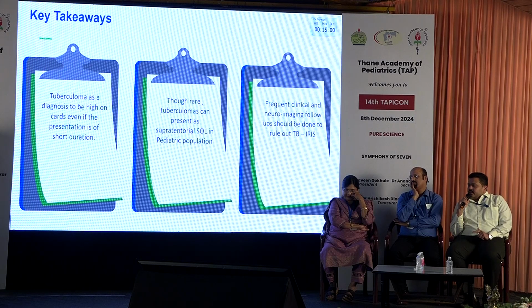Second was an RCT done in Vietnam, where they used steroids at 84 milligram per day and 1000 milligram per day. They found that the reduction in stroke is not there, and they used it for about 2 months. But there is some survival benefit at the higher dose of steroids, that is 1000 milligram per day.